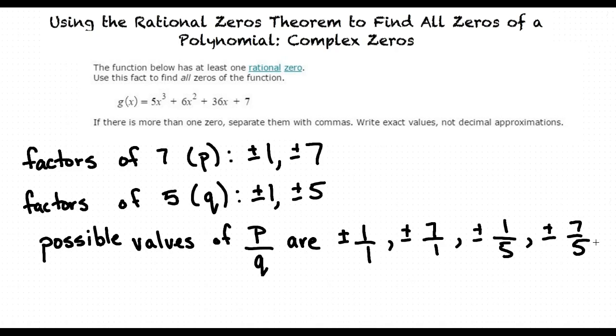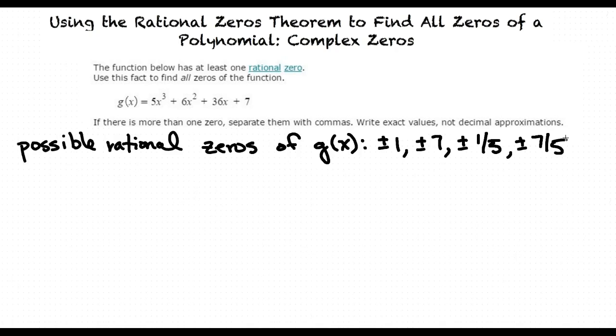So the possible values of p over q are plus or minus 1 over 1, plus or minus 7 over 1, plus or minus 1/5, and plus or minus 7/5. Those values of p over q happen to be the possible rational zeros of g of x.